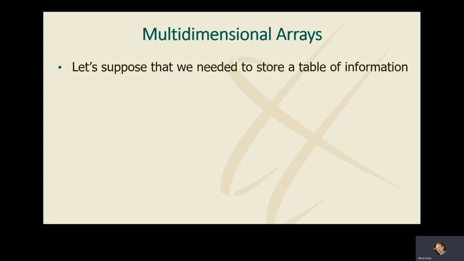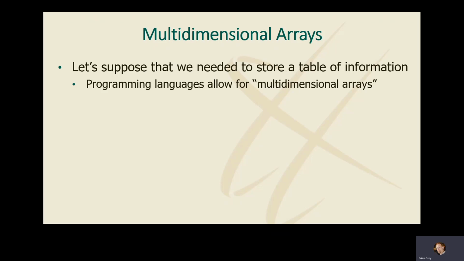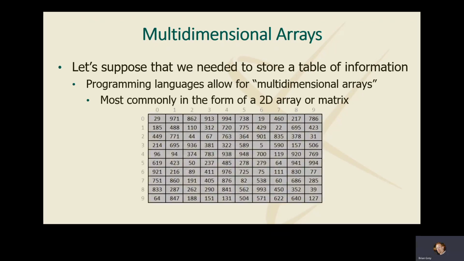So many programming languages allow for multi-dimensional arrays, and these are most commonly in the form of a two-dimensional array or a matrix, like, say, this, right? The first dimension defines the row.